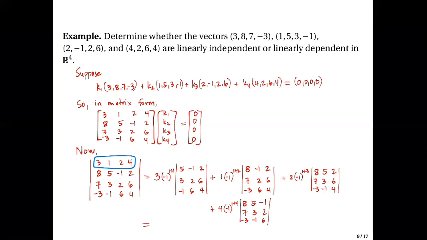Okay, so the determinant that I have obtained here, using the computer algebra system, is equal to 0.